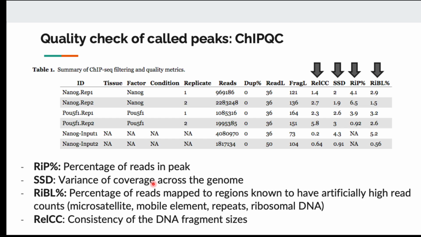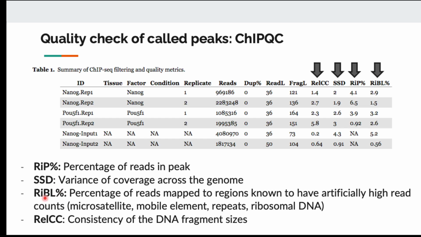In the peaks we should have high coverage, and outside of the peaks we should have low coverage. So SSD calculates the variance of the coverage of the genome. If we see uniform coverage, that means our experiment is very bad because we didn't enrich any particular area. But if we see high coverage, low coverage, high coverage, low coverage, that means we are enriching certain regions of the genome. So if this score is high, it means our sequencing data are focusing on certain genome regions, which might be a good sign that we are doing chromatin immunoprecipitation for specific regions.